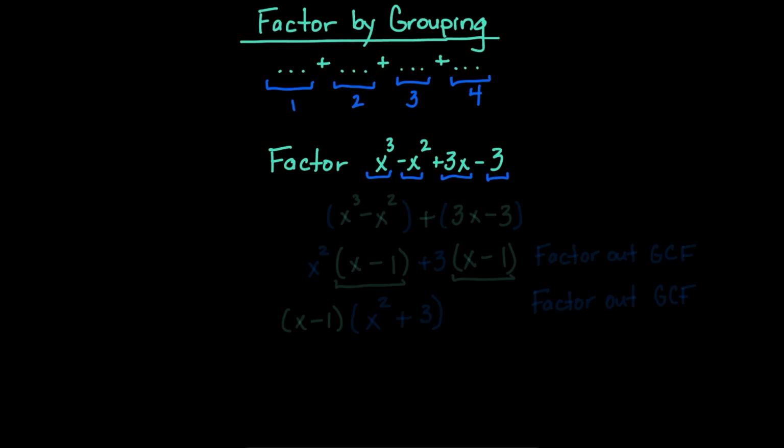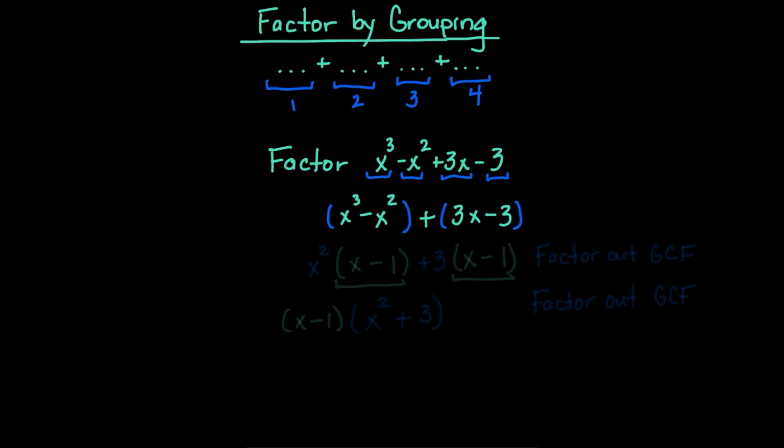So factor by grouping is going to be the first thing that I do. We group together the first 2 terms and the last 2 terms. By grouping, that just means I put them in their own individual set of parentheses.